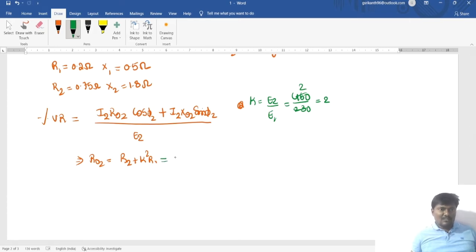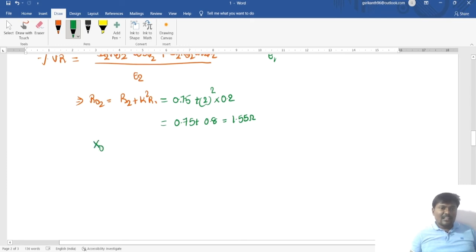So now R2 is 0.75 plus 2 whole square into R1, which is 0.2. So 0.75 plus 4 into 0.2 is 0.8. The value which I am getting is 1.55 ohms.